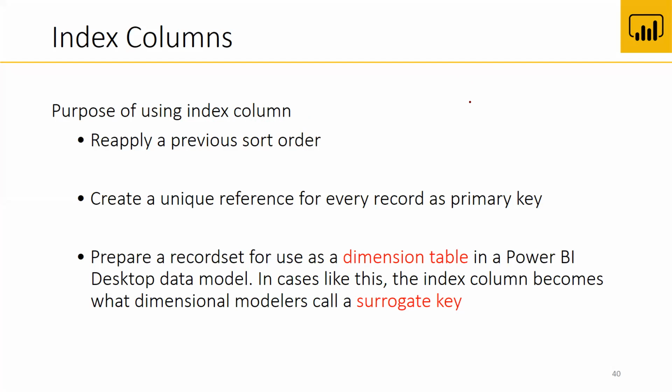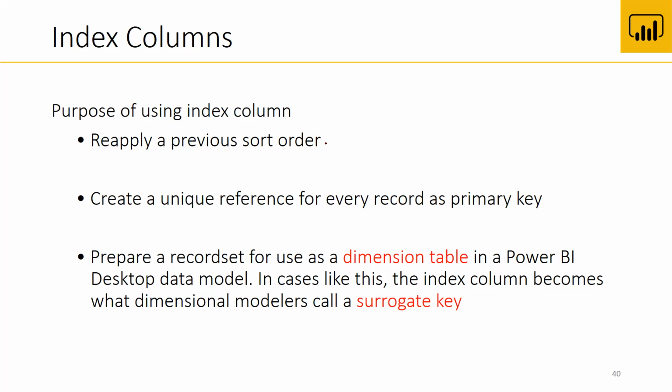Index column, there are a few options that we can use. Reapply the previous sort order. Suppose I want to sort the data on a temporary basis, and I want to revert the sorting operation to a previous level.